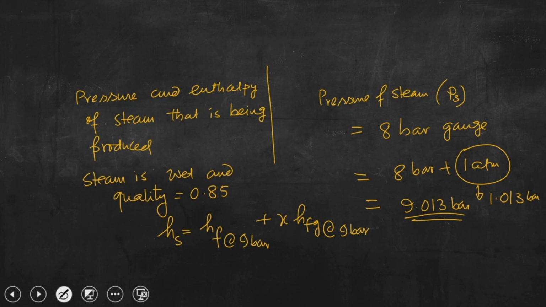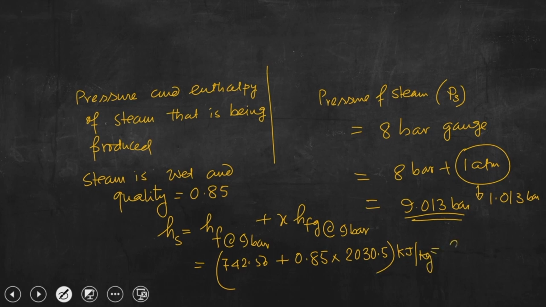So, if we take the data, this is 742.56 kilojoule per kg, plus 0.85 into 2030.5 kilojoule per kg, and the final answer is coming 2468.48 kilojoule per kg.